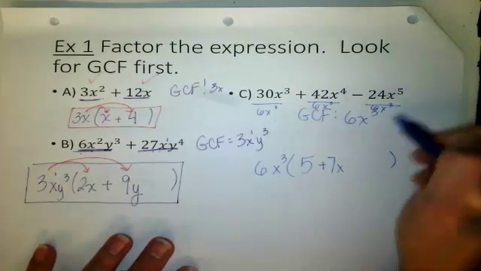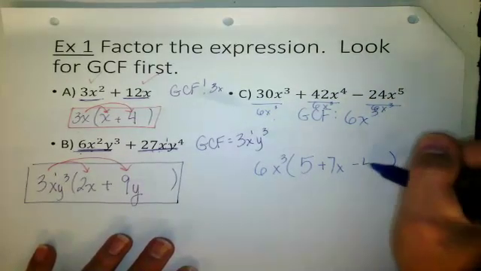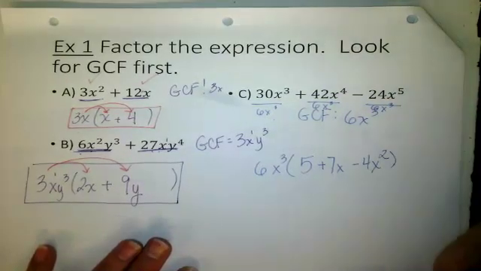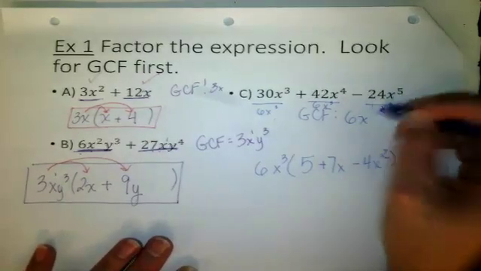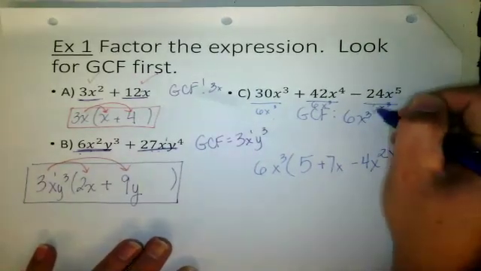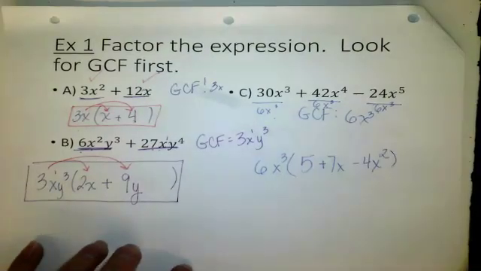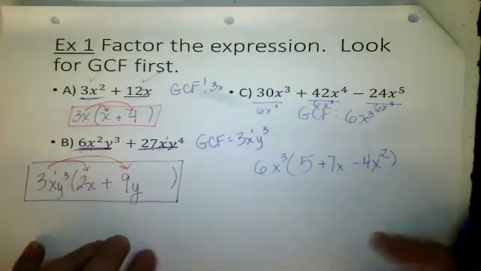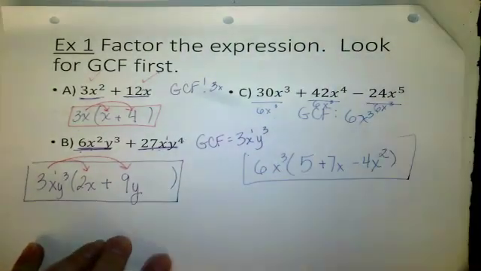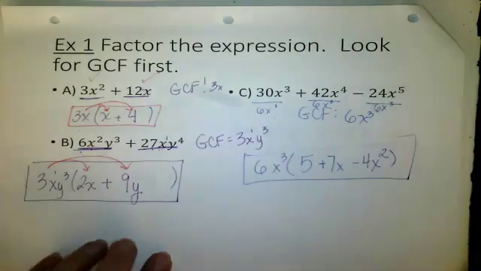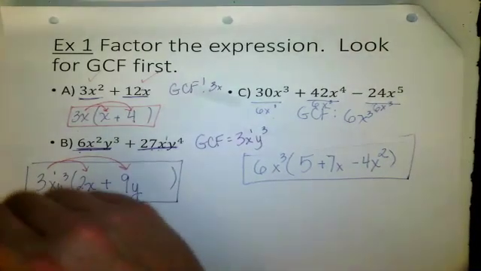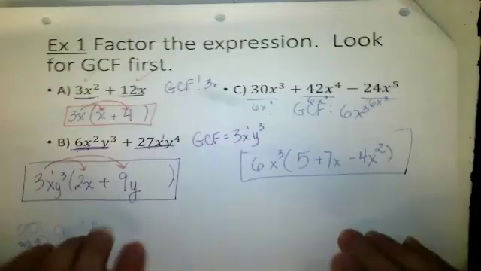And what's left behind here? Negative 4x squared. So again, we are unmultiplying, which happens to be the same as dividing. Okay? So if you're ever confused, you can always just divide that term out, and I think it's really easy to clean it up then. All right. Do you have any questions for me on that? Okay?